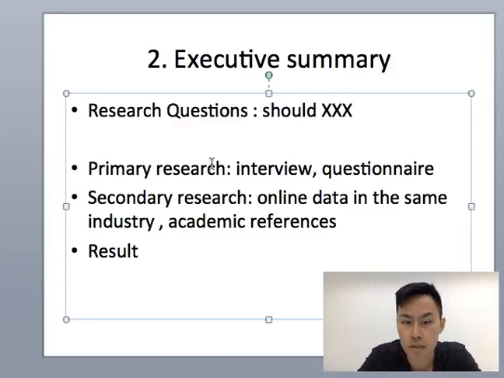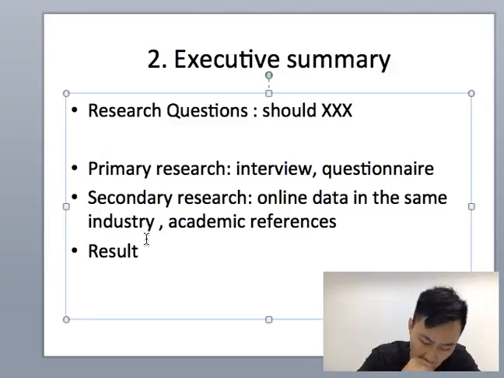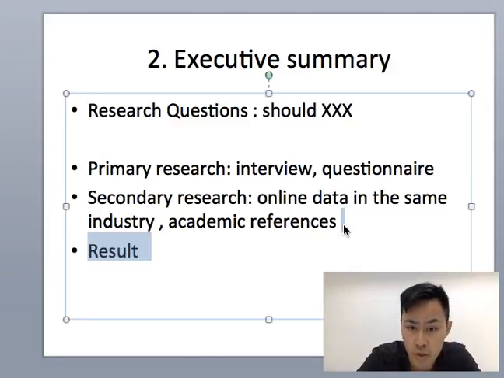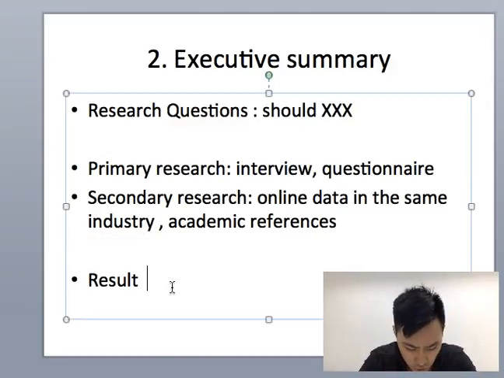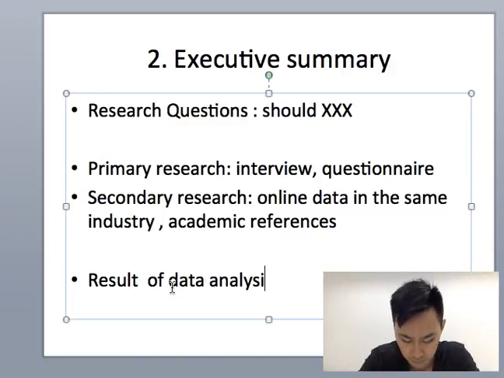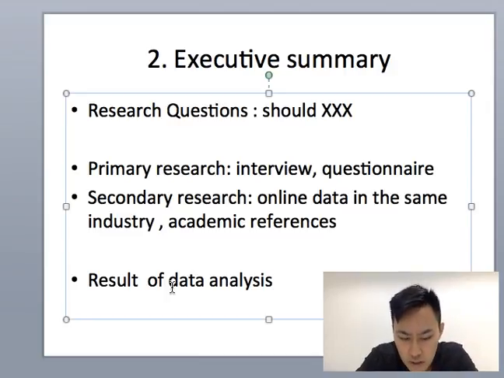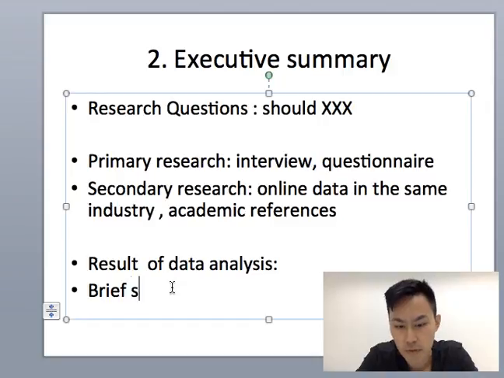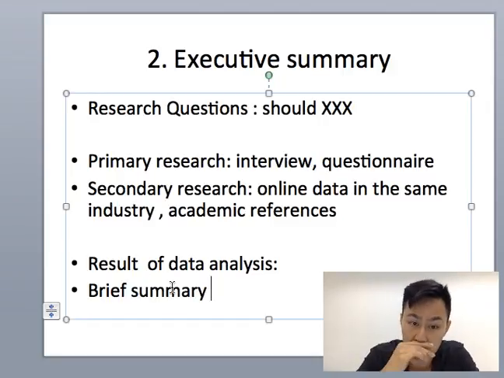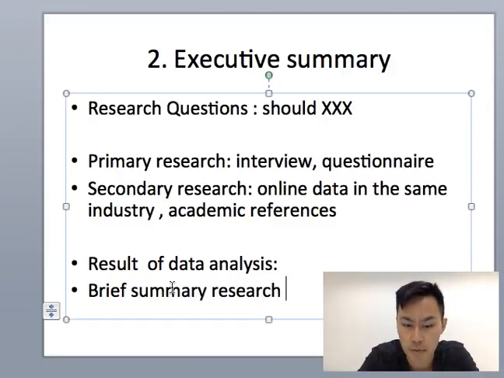So this is what you can mention. And the second part, you need to mention the results of the data analysis. Here, I will suggest you list out a brief summary of your research, of your primary research.